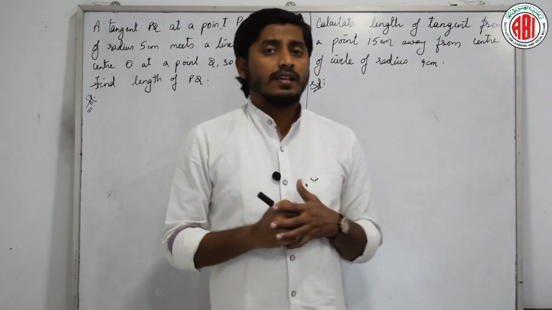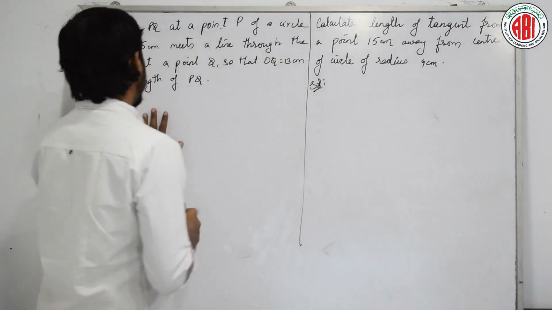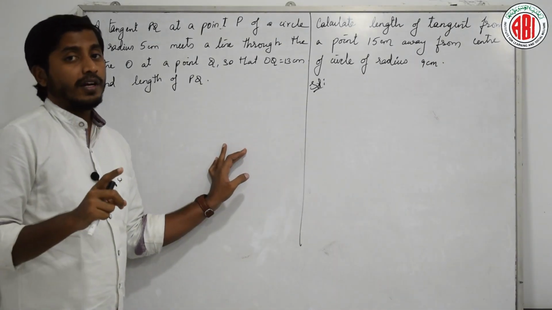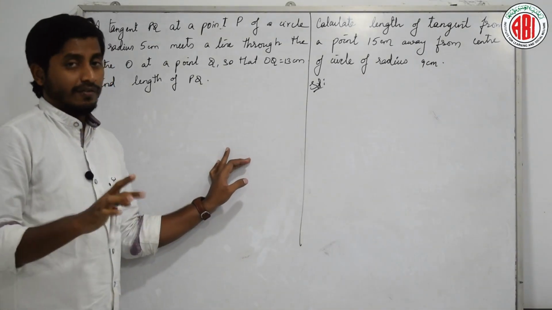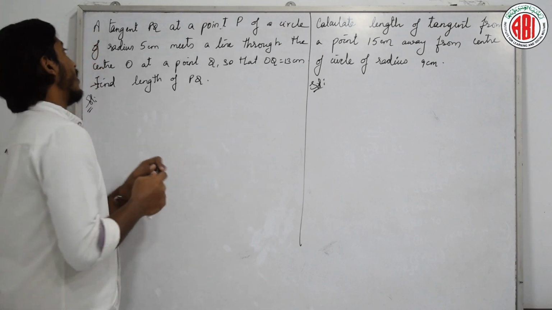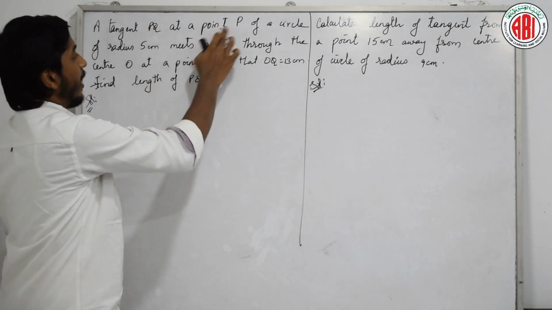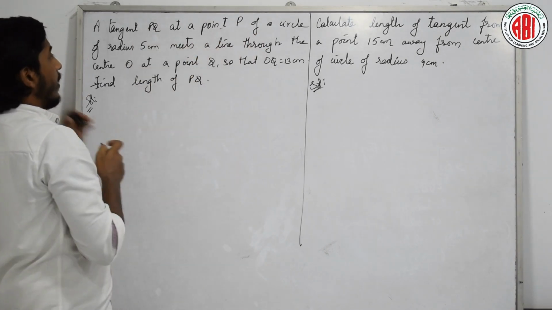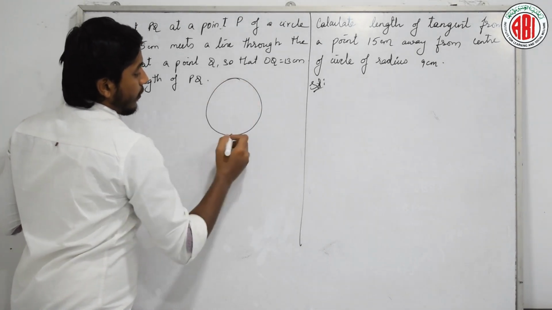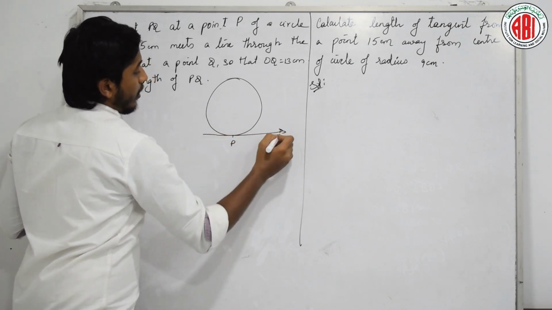Let's do. See here, these are the different and very important questions to understand in this chapter. Just look at the question. Once again, let me tell the very important point here. The radius is always perpendicular to the tangent. Okay. So the question given here is a tangent PQ at a point P of a circle. Let us say there is a circle which is having a tangent PQ.